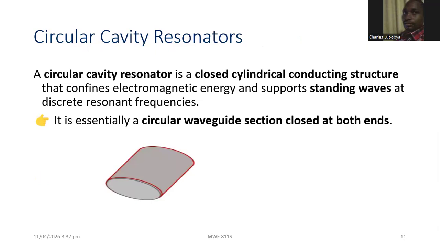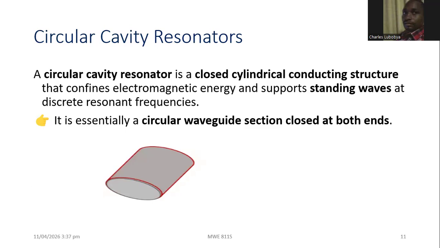Next, I want to discuss circular cavity resonators. With circular cavity resonators, just like rectangular waveguide, these are just enclosed cylindrical conducting material which are intended to confine electromagnetic energy inside the circular waveguides.